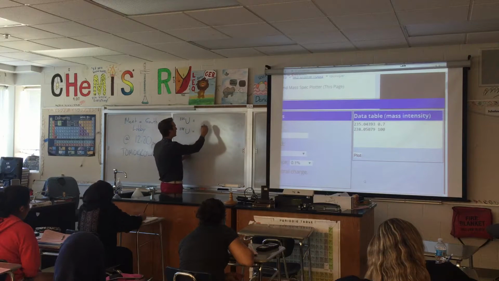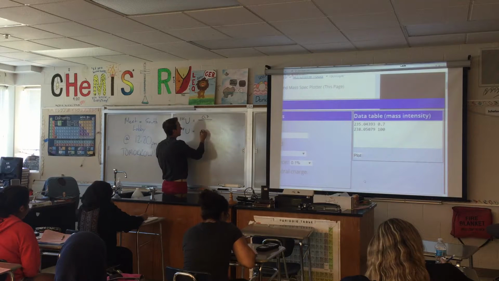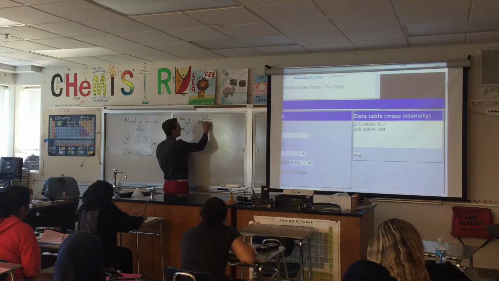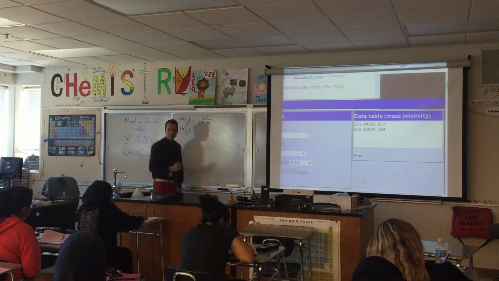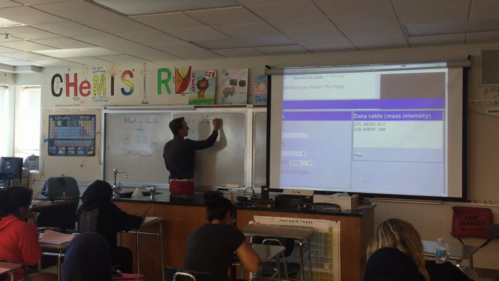So for uranium-235, we're seeing a signal strength of 0.7. We're going to divide that by all the signals, which in this case there's only 2, 0.7 plus 100. Now to turn it into a percent abundance, we have to multiply by 100.